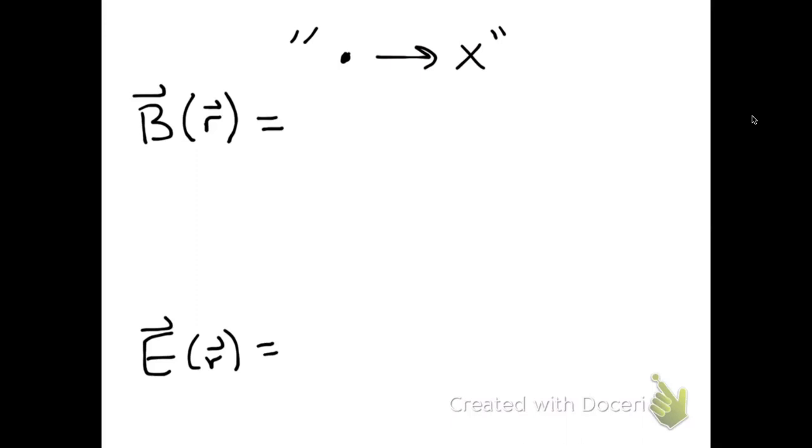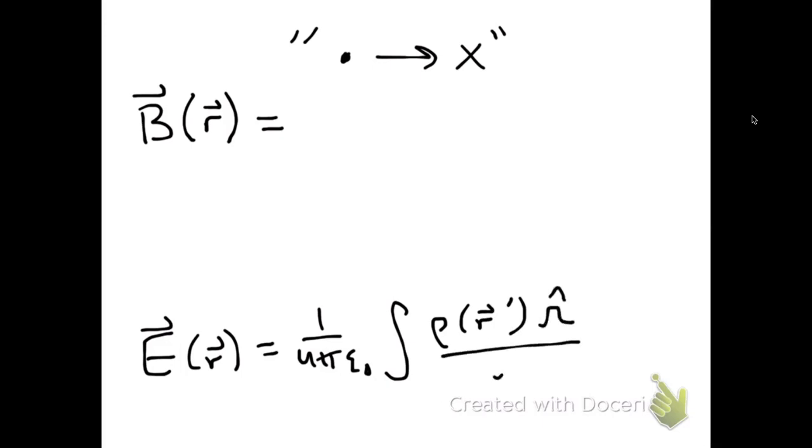So I'm going to say, okay, well, I have my 1/4 pi epsilon naught. I'm integrating over all of space where there's charge. I have my rho of r prime. I have my script r hat over script r squared d tau prime.